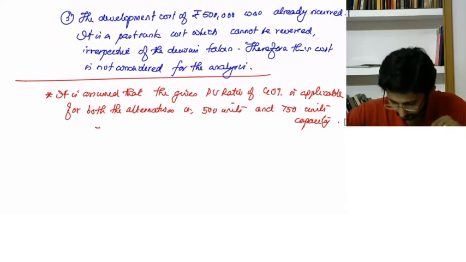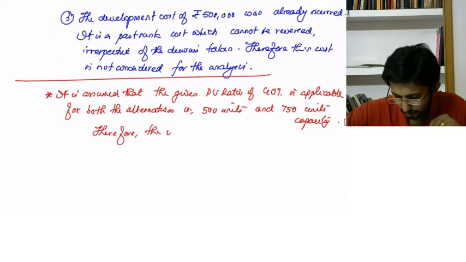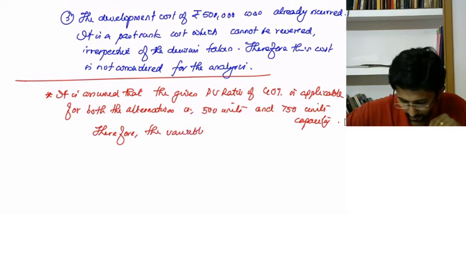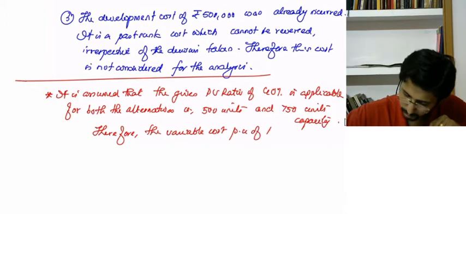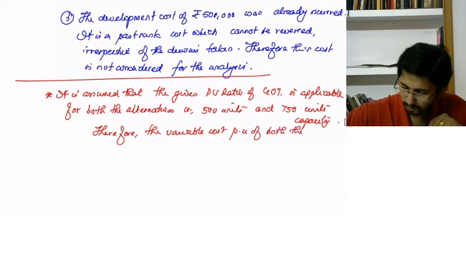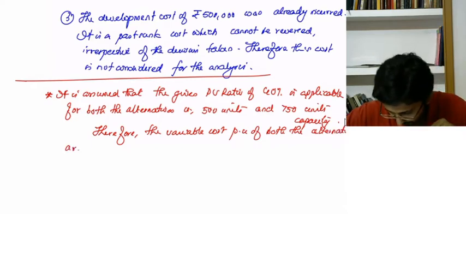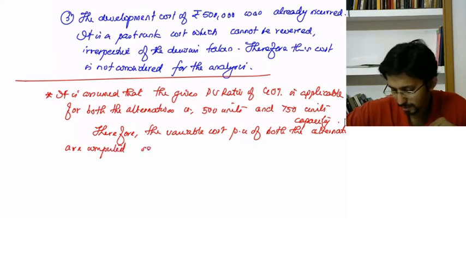Therefore, the variable cost per unit of both the alternatives are computed separately.